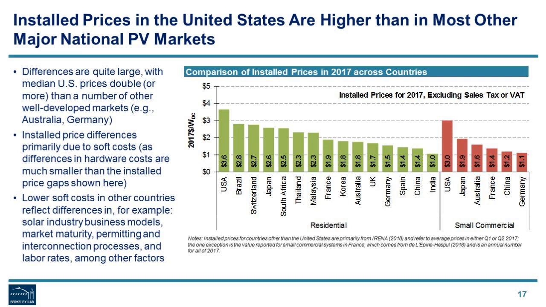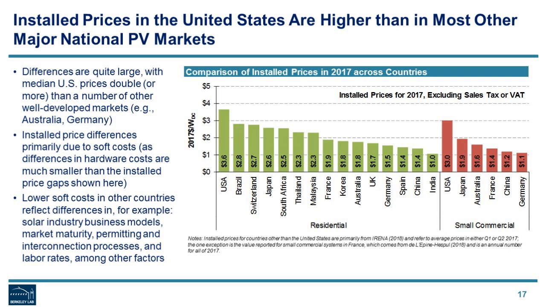We did, as I recall, separately estimate the differences in customer acquisition costs, in costs associated with permitting and interconnection, and installation labor costs, I think was the third bucket. And then there was a fourth catch-all bucket that included profit margins as well as other administrative costs. And that catch-all bucket was, I think, ultimately the largest source of difference between the U.S. and Germany when we did this study back in 2014.